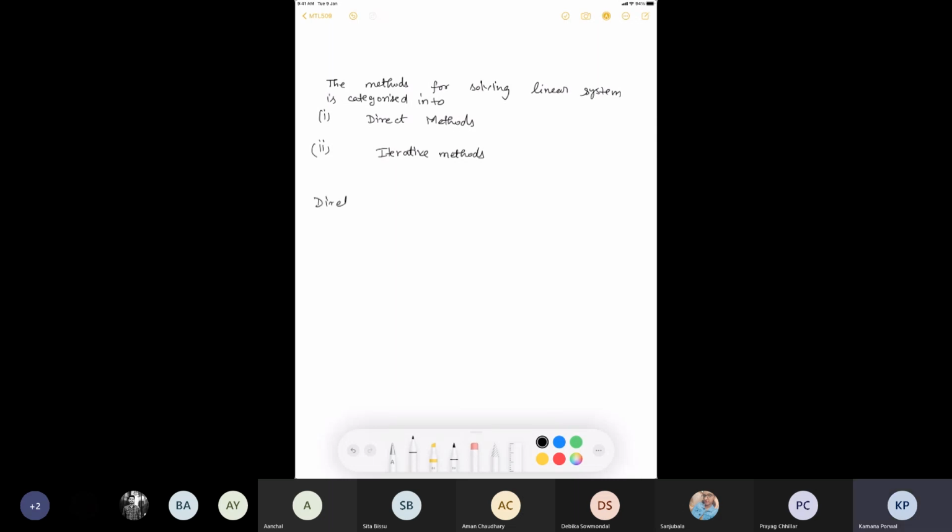Direct methods give the exact solution of a linear system. Therefore, these methods do not have any mathematical error.